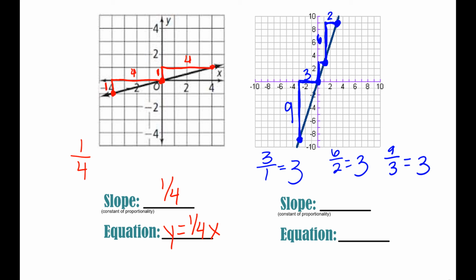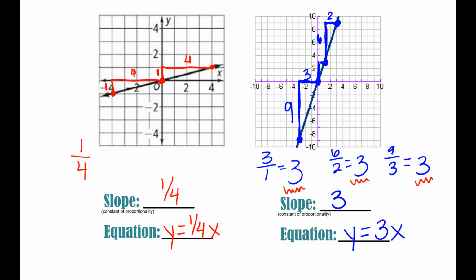So no matter what size stair you made, when I simplify that ratio and do change of y over change of x, see how I get the same constant of proportionality, which is my slope. So I get 3. And then my equation will be y equals 3x.